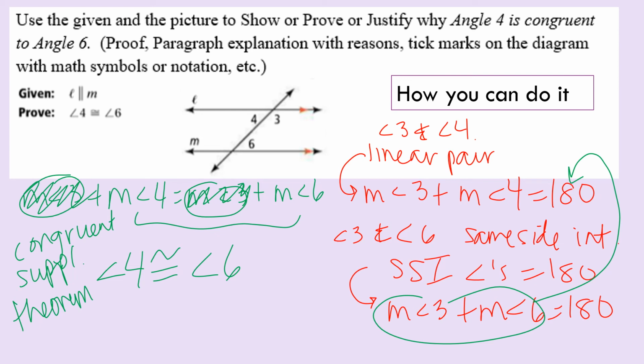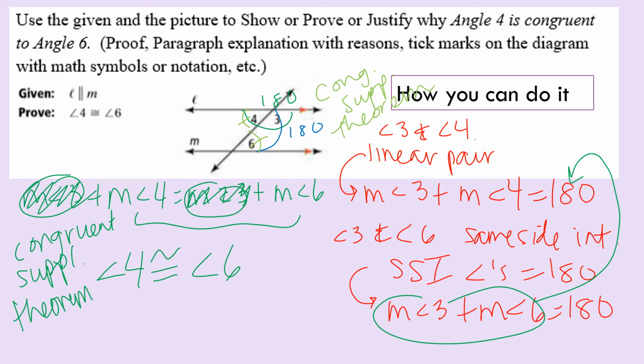Again, as long as you are just drawing, or you could say this is 180, and then you could use a different color and you could say this is 180, so that means that these two are congruent. That would be fine. And you could just draw on that picture like that and say congruent supplements theorem, and that would work just fine for me.